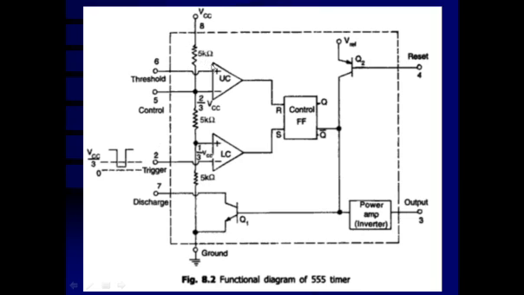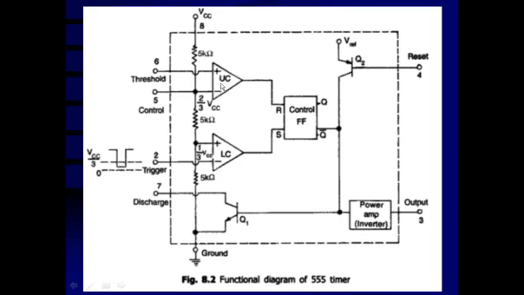Similarly, the plus terminal of the upper comparator is called the threshold terminal, pin number 6, and the collector of this transistor Q1 acts as the discharge terminal, pin number 7. Pin number 1 is the ground.